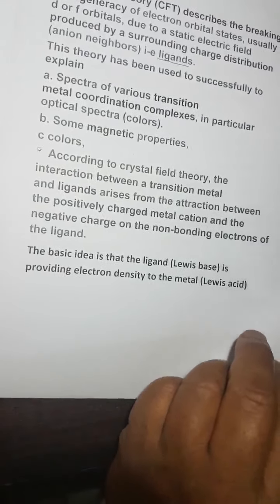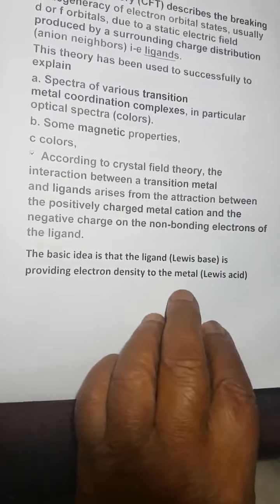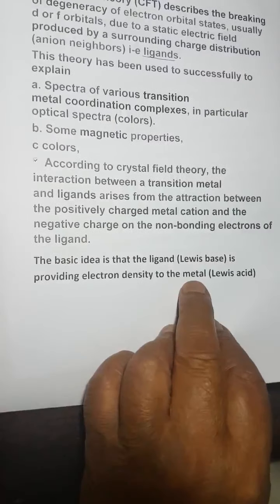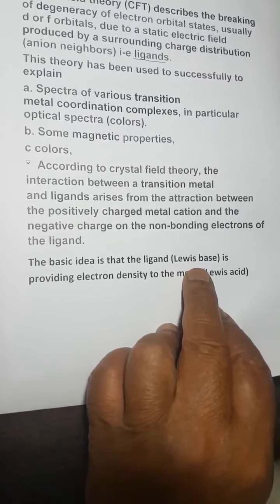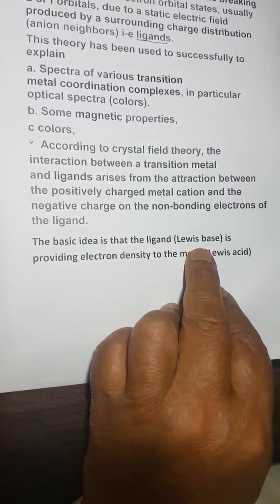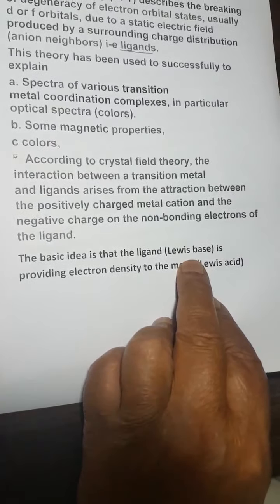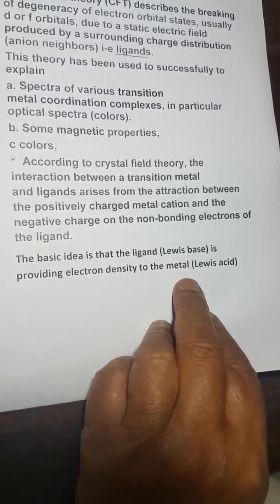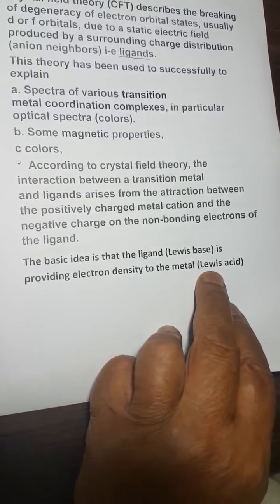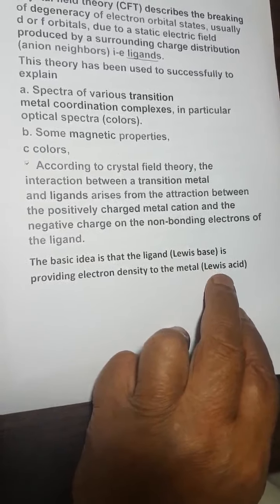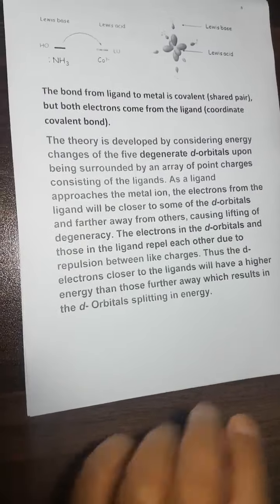The basic idea is that the ligand behaves like a Lewis base. A Lewis base is an electron donor species, and the metal is a Lewis acid. So it is an interaction between an acid and a base.